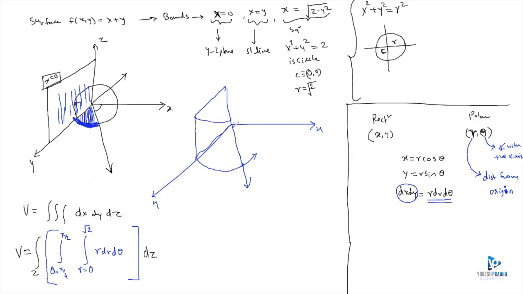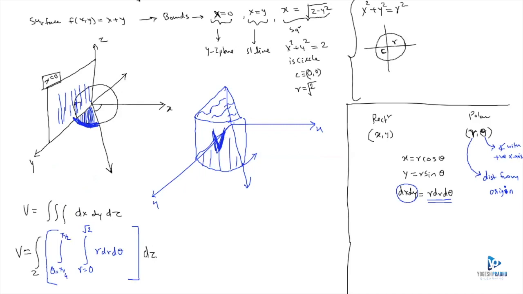So on top of this pizza slice, there is a surface here. I don't know what shape of that surface is. That surface and this bound, we want to find the volume here. That is the task.